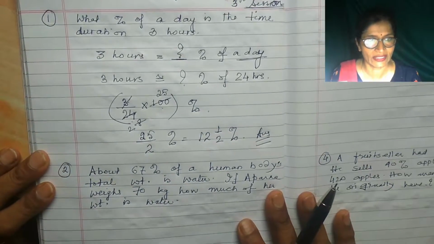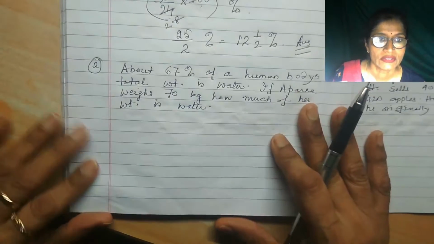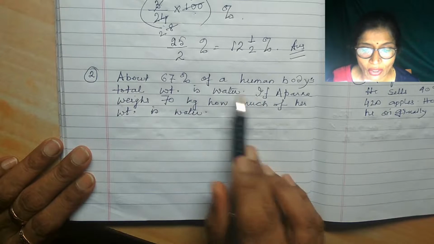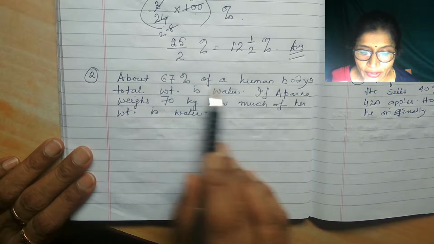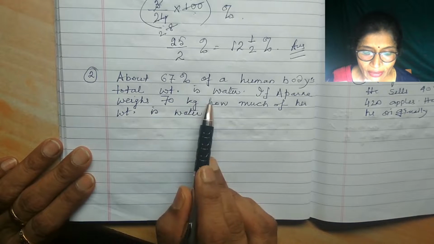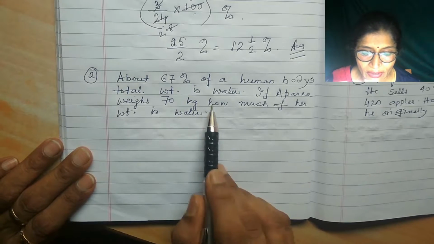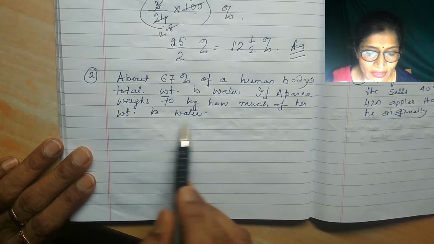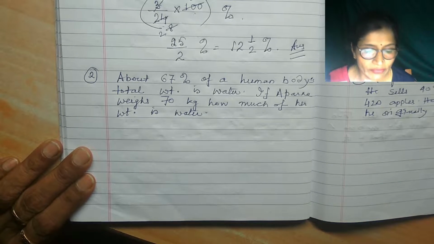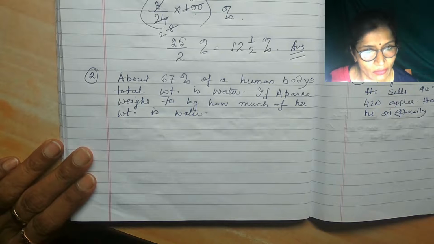Next sum is about 67% of a human body's total weight is water. If Aparna's weight is 70 kilogram, how much of her weight is water? So human body, we know that 67% is the water.